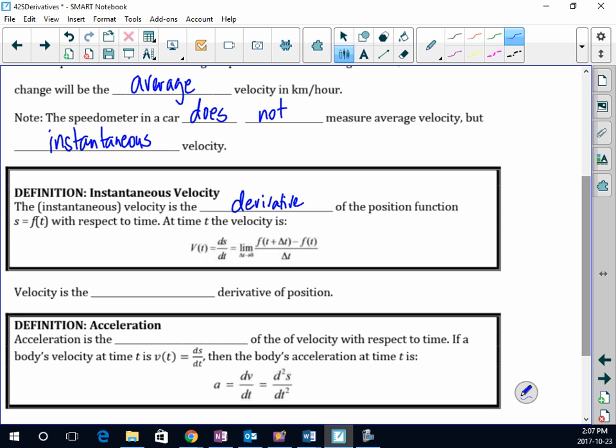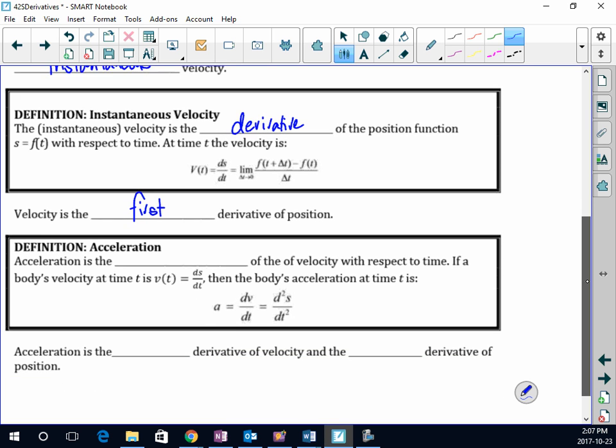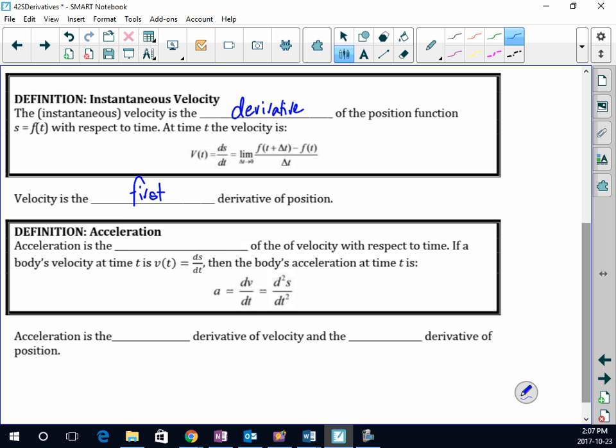So velocity is the what derivative? First derivative. Acceleration is the second derivative, is the derivative of velocity. It's the second derivative of distance. So I'll repeat.